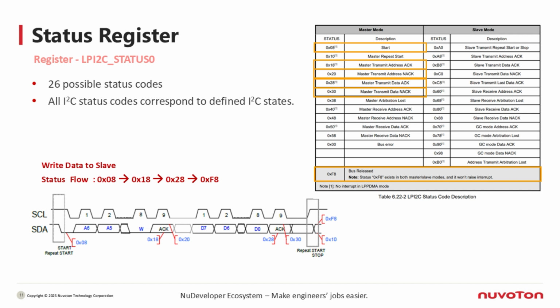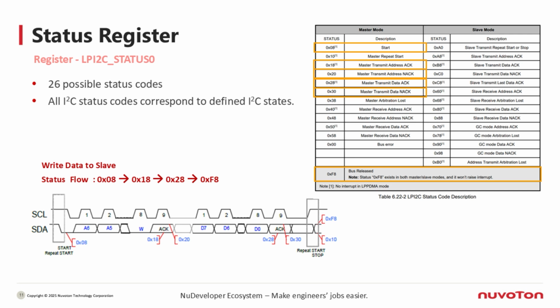Then, the master sends the slave address along with the write bit, and once it receives an ACK from the slave, the status code changes to 0x18. Next, as each data byte is successfully transmitted and acknowledged, the status code shows 0x28. If the slave responds with a NACK instead, the code switches to 0x30.